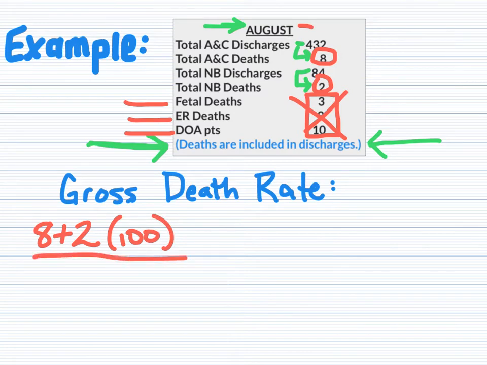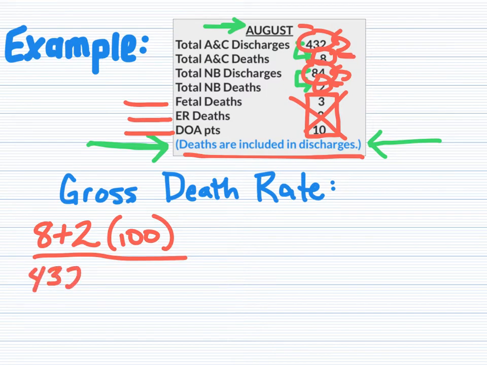over the number of live discharges including adults and children and newborn deaths. So it's discharges plus deaths for both adults and children and newborns. Now remember, we talked about before, the deaths are included in the discharges. So these two numbers are already included here. So all we need to do is bring down the 432 plus 84.